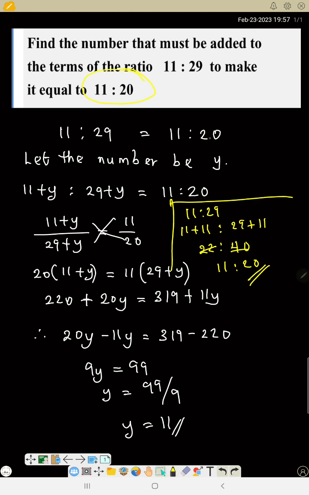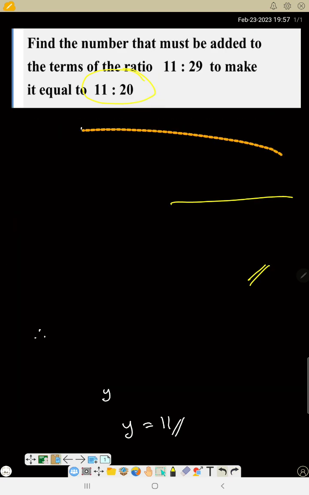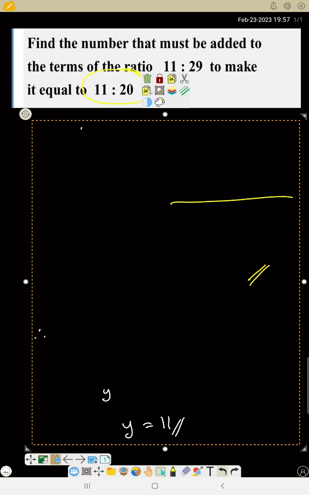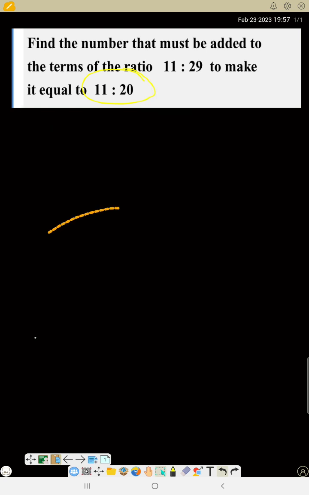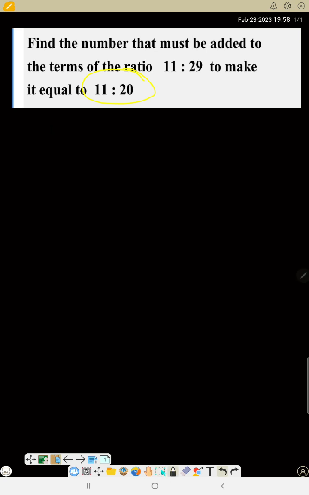So let me give you a formula you can be using to solve questions like this. So let me make it a formula.